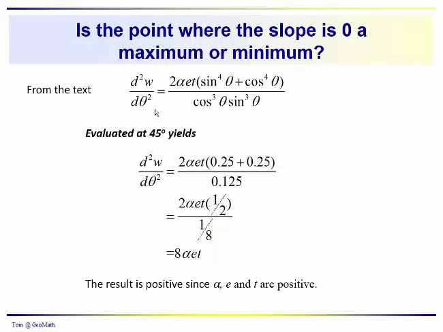So we know this is a minimum. And, just using the formula that Waltham works through, he shows that the second derivative is equal to this. And then evaluating that at 45 degrees, we find that the second derivative is positive. These constants are positive, and the result is positive. So that tells us again that we have a minimum. When the second derivative is positive and the first derivative is 0, we're at a minimum.